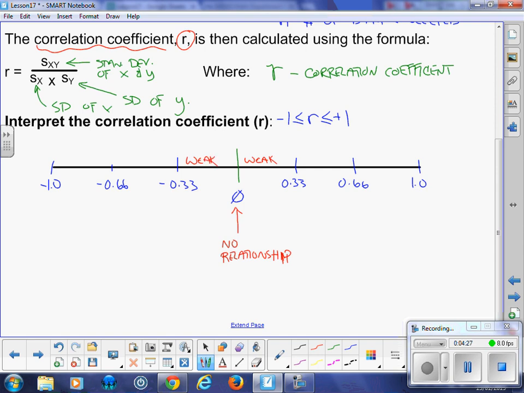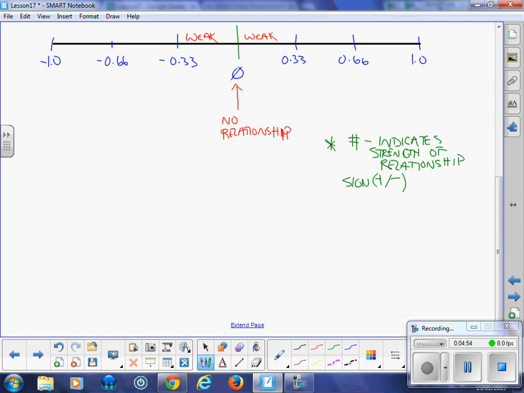As a note, I'll put down below: the number indicates the strength of the relationship, and the sign, positive or negative, indicates the slope of the line.